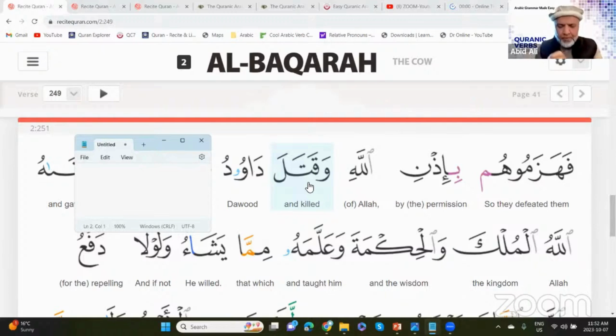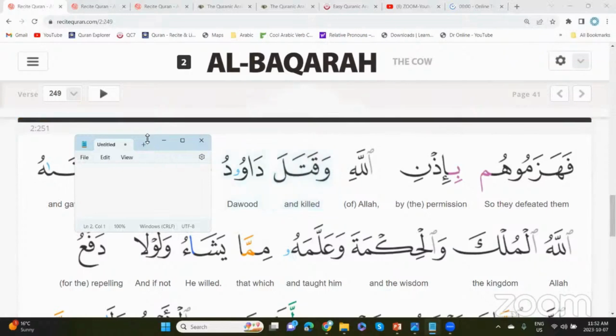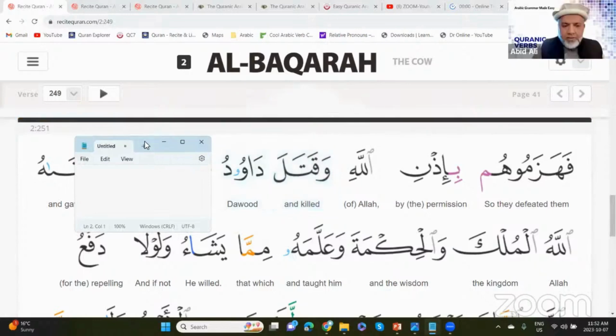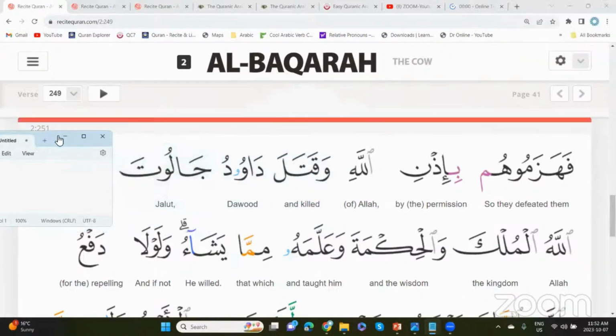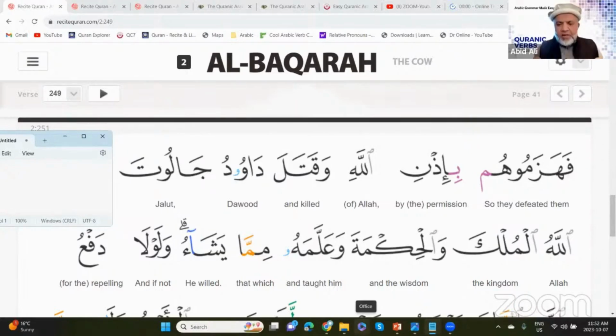Now, in a verbal sentence, we have a fa'il and we also have a maf'ul. Maf'ul means the object. Now, Daud killed whom? He killed Jaluta. Does Jaluta have the fatha on it? Yes. So is it Nasab? Yes. Okay, good. So the way we know that the fa'il is always Rafa, we need to know that the object is always Nasab.